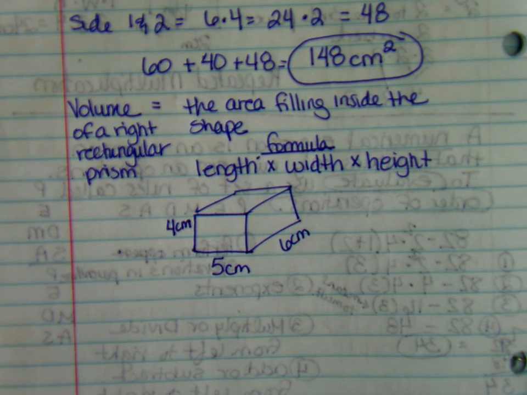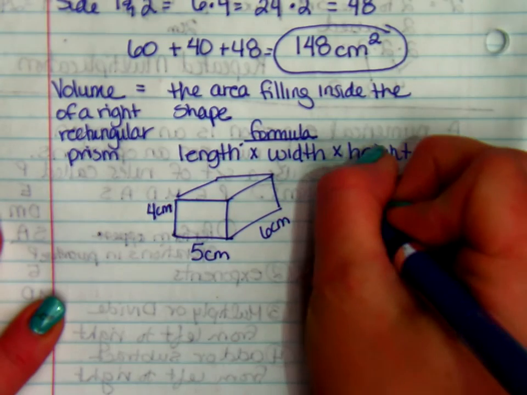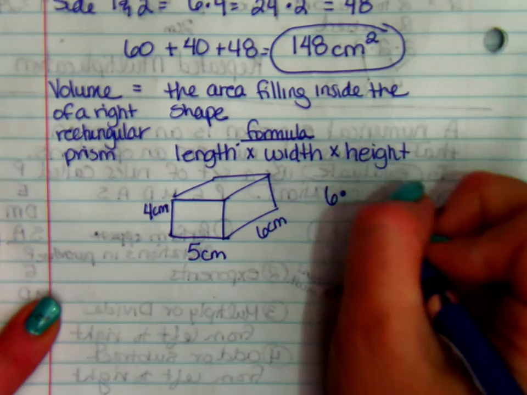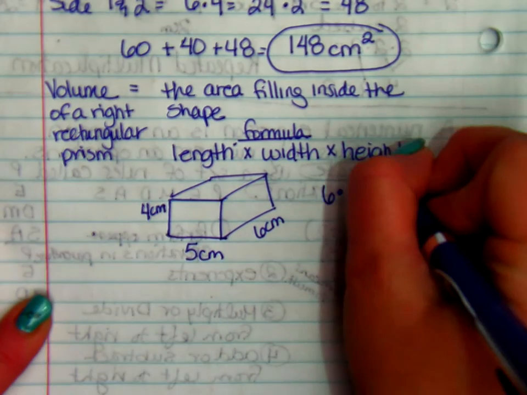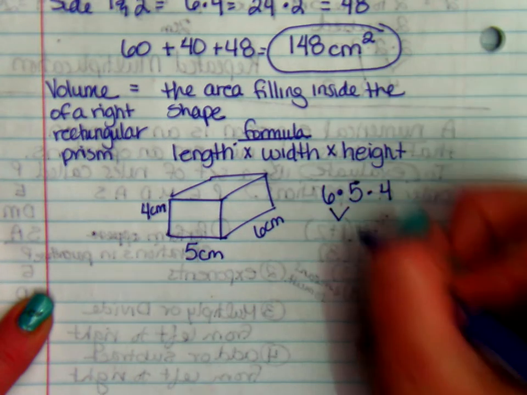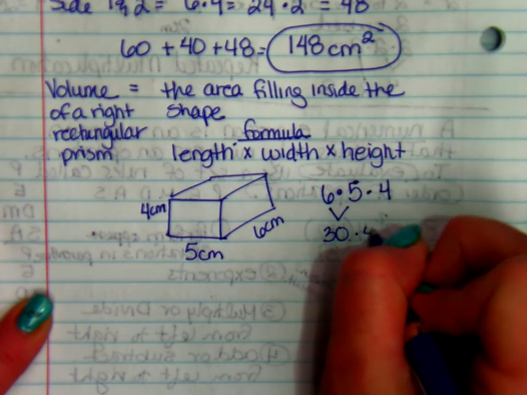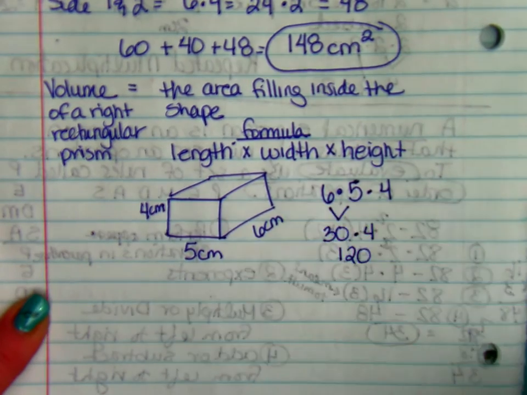But this time we're going to use the formula to find the volume. So we're going to do our length, 6, times our width, 5, times our height, 4. All right, let's multiply. 6 times 5 is 30, times 4. 30 times 4 is 120.